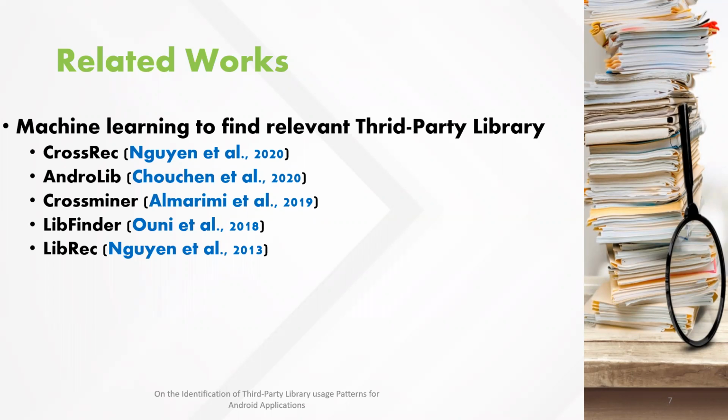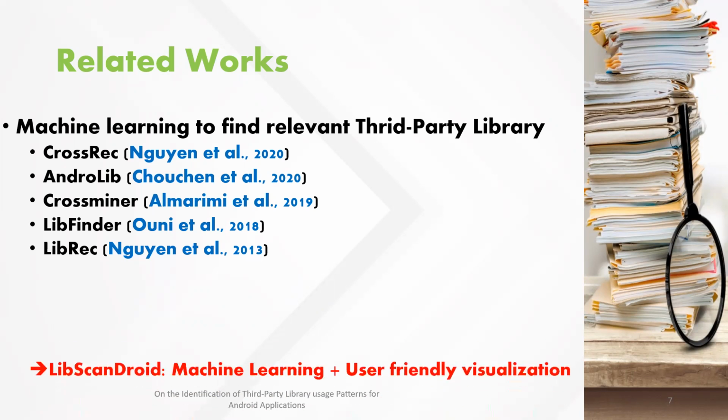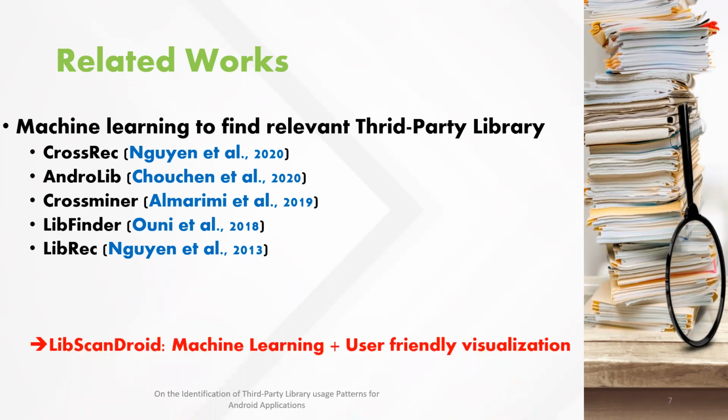They have their limitations. They provide a long list of libraries. There is no support to select libraries. Developers are typically lazy and unlikely to go through a long list of recommended libraries. With Scandoid, to address this problem, we combine machine learning plus a user-friendly visualization.